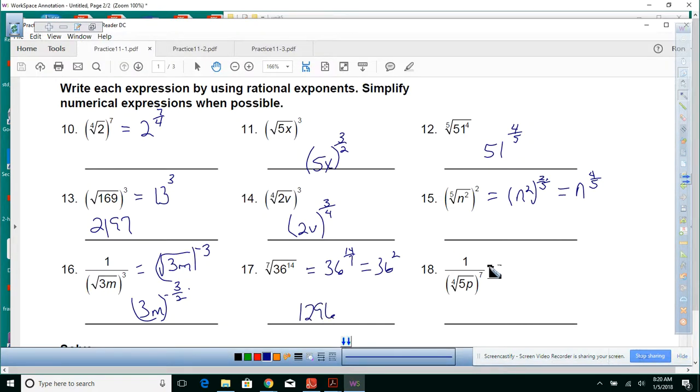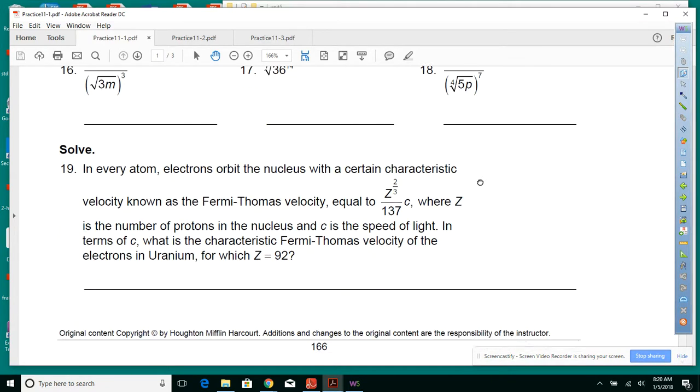So now it's going to be the 4th root of 5p, and we'll put to the negative 7. So it's going to end up being 5p to the negative 7/4. All right, not a problem. Moving right through this one here.